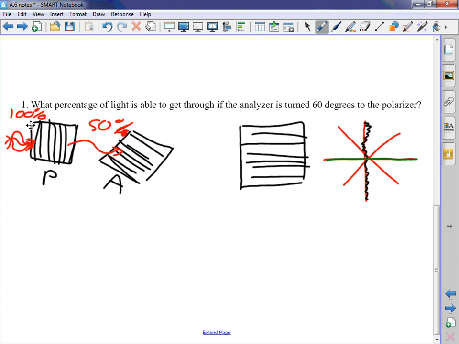Take the components. This part doesn't make it, but that part does. And this part doesn't, but that part does. You take the components of it. So you're getting the x component of every last bit of light there.